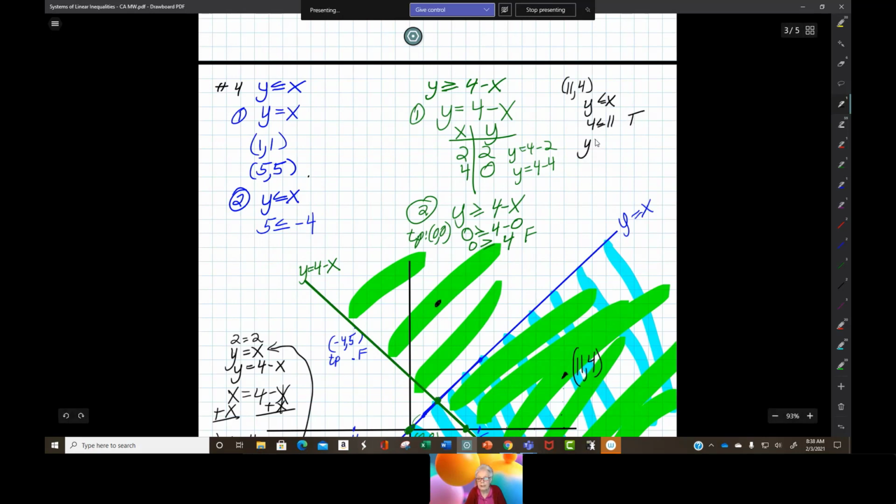And in y is greater than or equal to 4 minus x, you'll have 4 is greater than or equal to 4 minus 11, which is going to be -7, so 4 is definitely greater than a negative number. A positive number is always greater than a negative number, or you can find them.